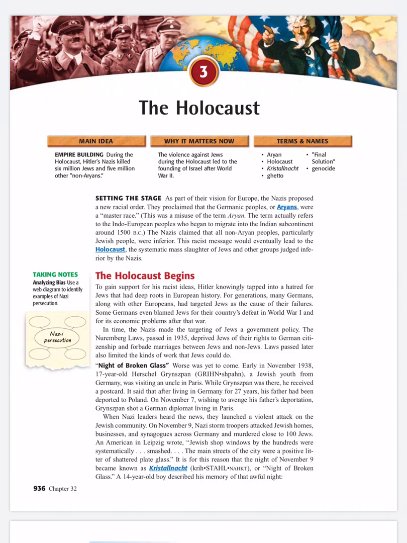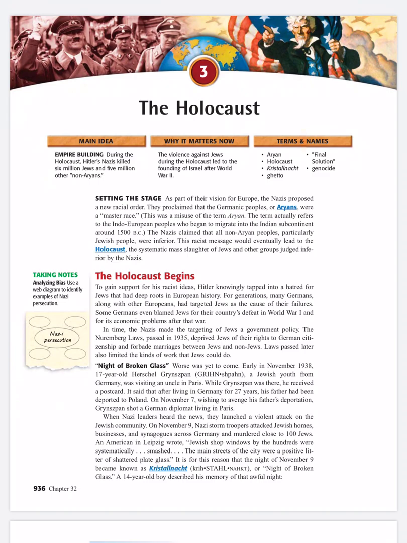The Holocaust begins. To gain support for his racist ideas, Hitler knowingly tapped into a hatred for Jews that had deep roots in European history. For generations, many Germans, along with other Europeans, had targeted Jews as the cause of their failures. Some Germans even blamed Jews for their country's defeat in World War I and for its economic problems after the war.